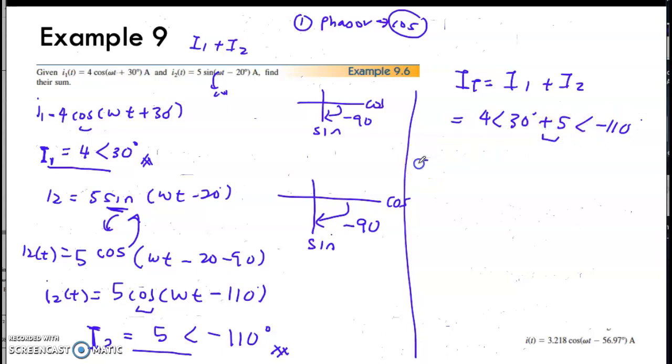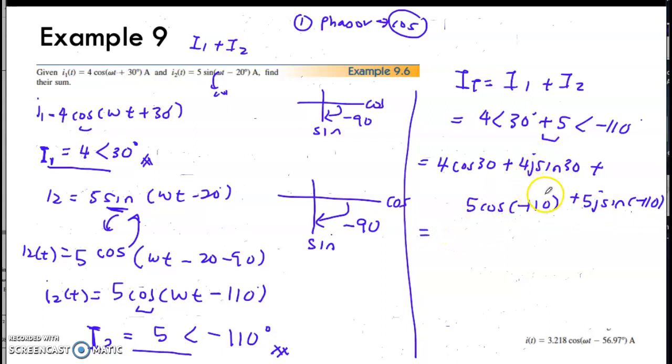So it becomes 4 cosine 30 plus 4j sine 30 plus 5 cos minus 110 plus 5j sine minus 110.